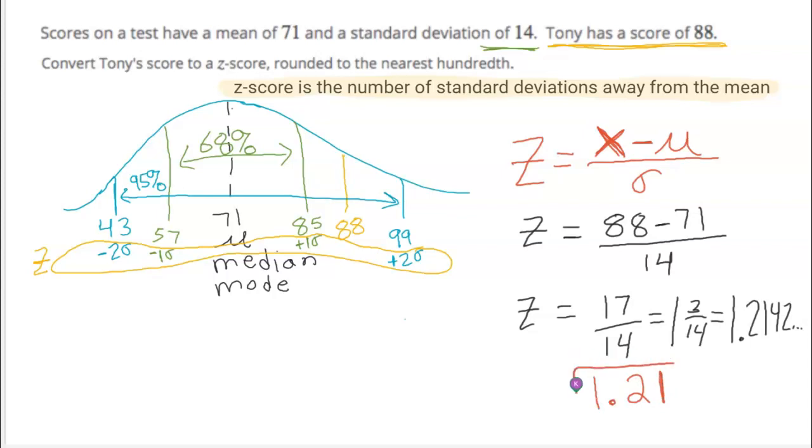Which totally jives with what you said here. It's between the 1 and the 2, but it's closer to the 1, so 1.21 also feels right. So the z-score is literally just how many standard deviations away from the mean you are. It's positive when you're above the mean and negative when you're below the mean.